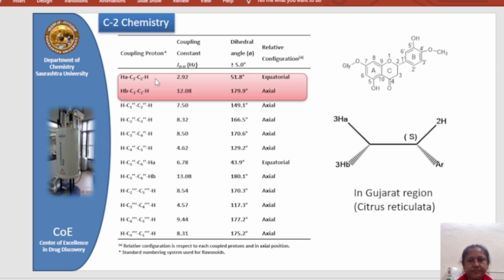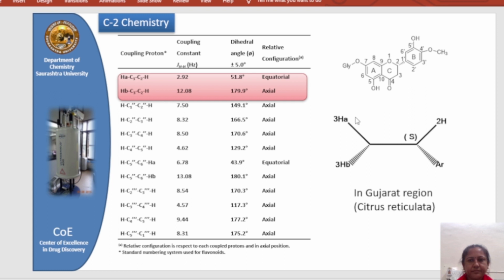So next, for C3 and C2 the coupling is 2.92, the value is 51.8, and it is in the equatorial position. When it is in the axial position, it is about 170. Of these two H, one is equatorial and one is axial.